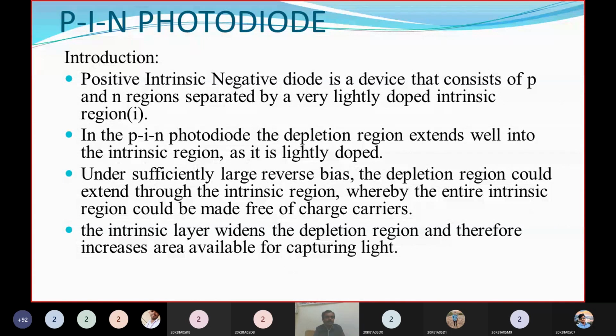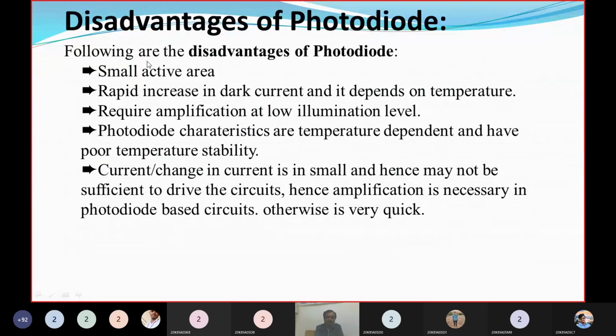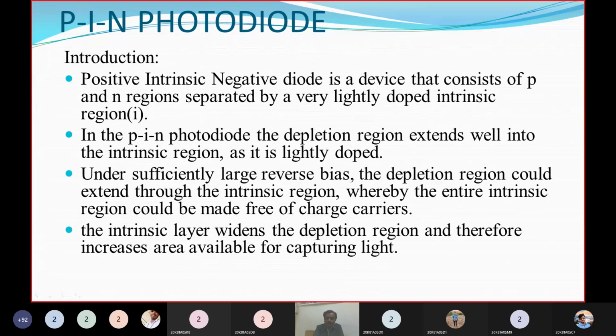That's why very high intensity of light can also be absorbed by the PIN photodiode, because only the depletion layer absorbs the photons. If you increase the width of the depletion layer, we overcome all these disadvantages. We will discuss this PIN diode in the next class.